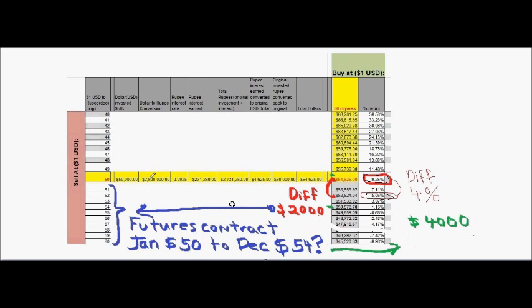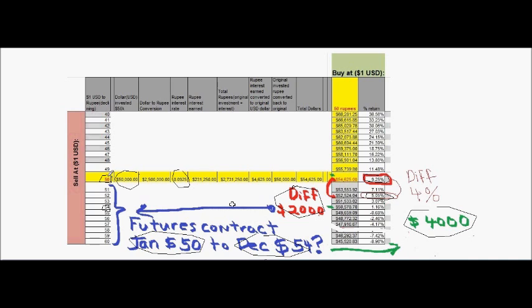Because when I purchased $50,000 at this 9.25% interest rate, I also took, in this scenario, $2,000 and bought a futures contract that would probably look like a January 50 to a December 54. In other words, if the rupee fell from 50 to 54, this futures contract hypothetically might pay out $4,000.